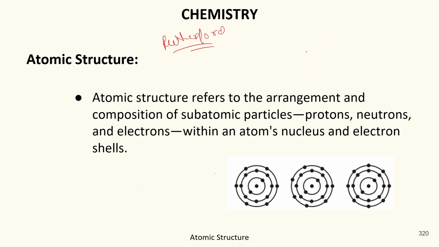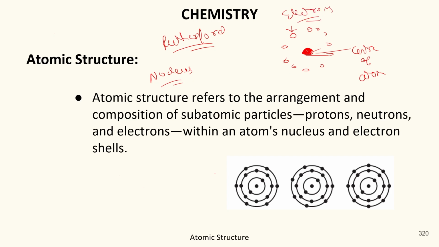He said basically there is a center of an atom and all the electrons are revolving around it. It is the center of an atom, or it is also known as nucleus.